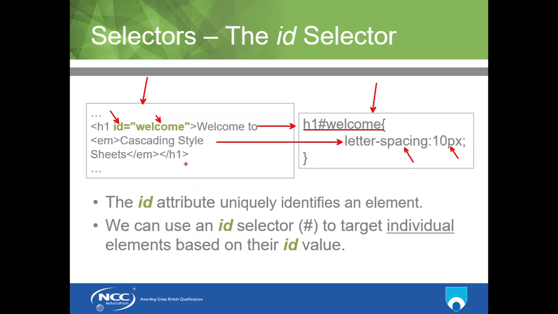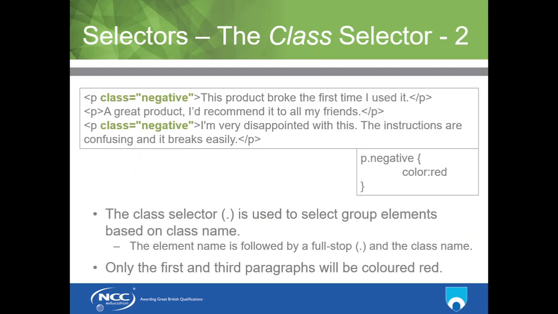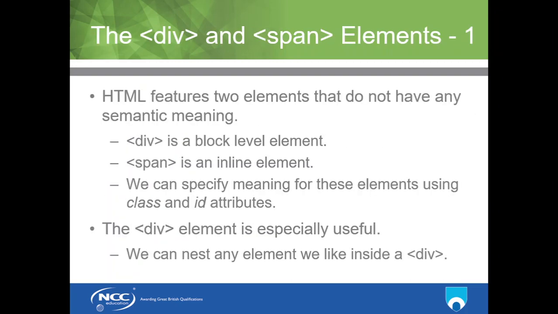So it becomes easier for people to search for an H1 that has the ID of welcome. It's more readable and easier to understand than just hashtag welcome, but hashtag welcome will still work. Similarly, for the class selector, you can also just do dot negative. So you don't have to do p dot negative. You can just do dot negative. So both of them will work.